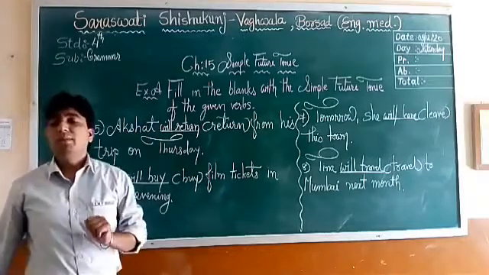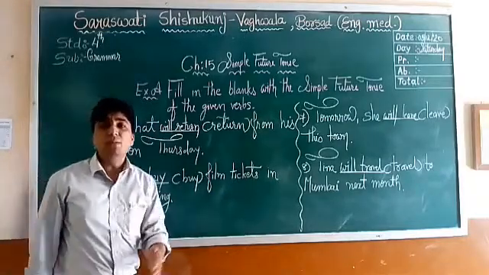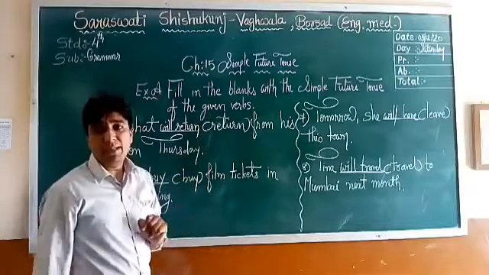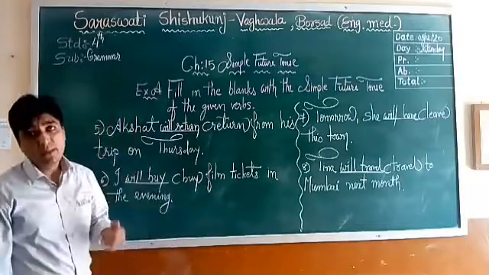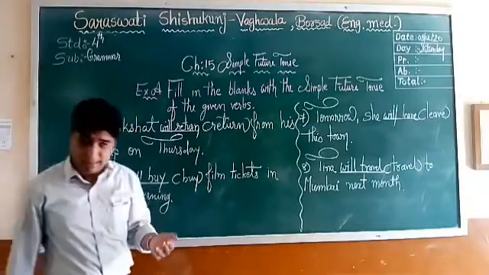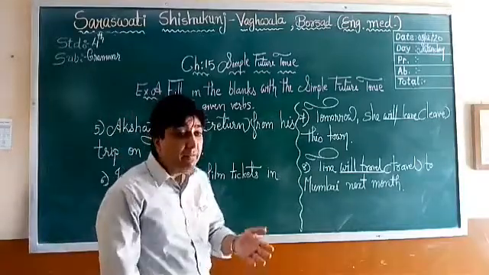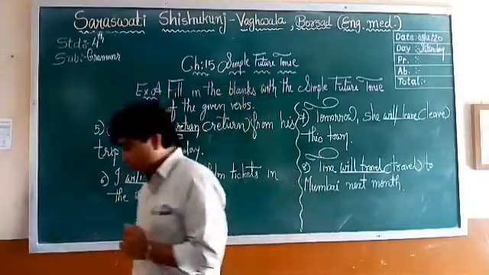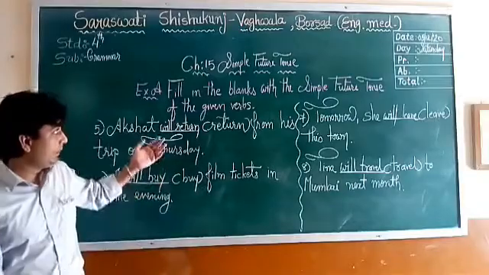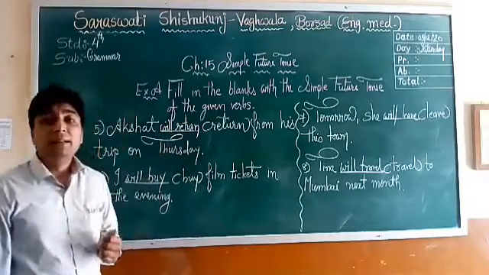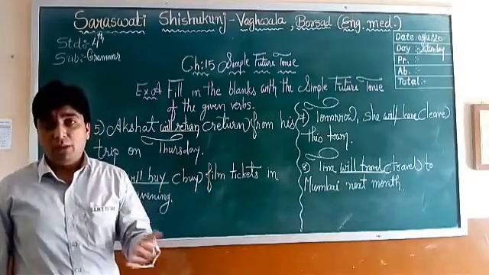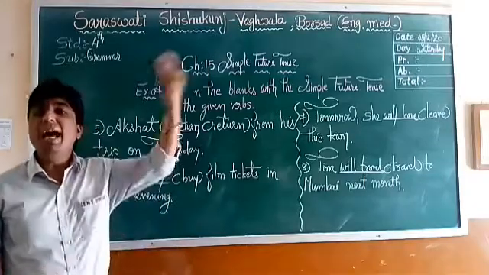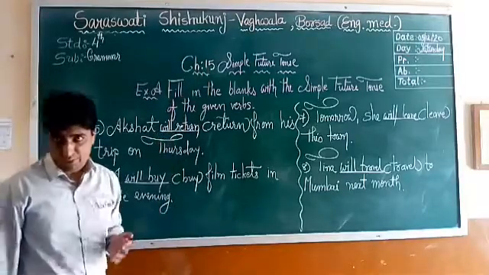I hope that you understood what is simple future tense, how we can use the simple future tense in a sentence, how we can frame the sentence, right? Simple future tense is used for an action which will happen in future.